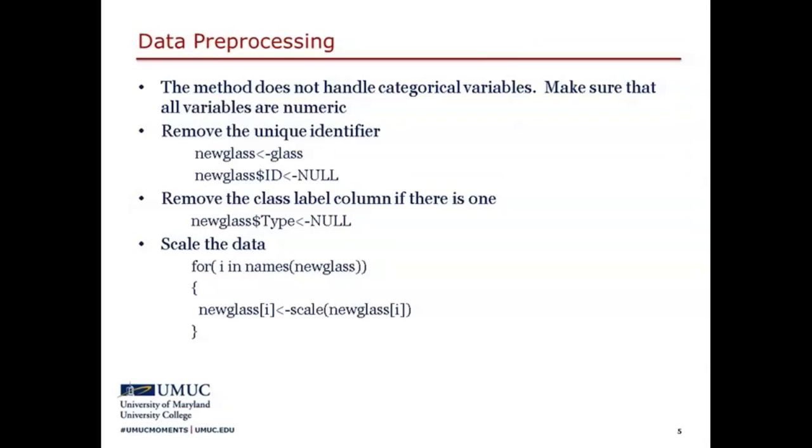Then we're also going to remove the class label, because we don't want it to have an impact on results. And of course, we're going to scale the data. The reason is that we want all variables to be on the same scale. If a variable has a larger scale, we don't want this to have an impact on the outcome. So let me go ahead and share my screen.